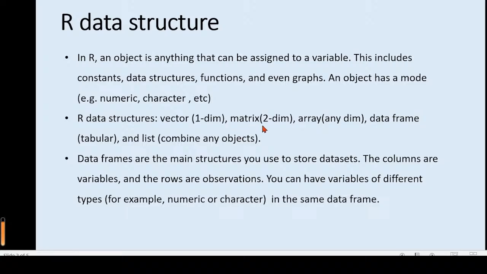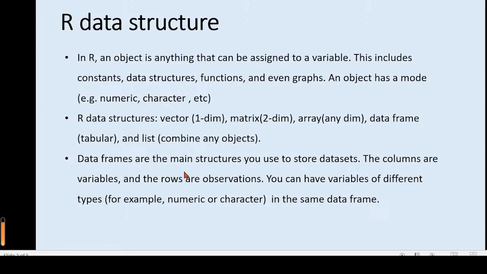A matrix is for two-dimensional objects with the same type of elements. An array is similar but can be of any dimensions. And a data frame is a tabular object, and a list is an object that can combine any other type of object.